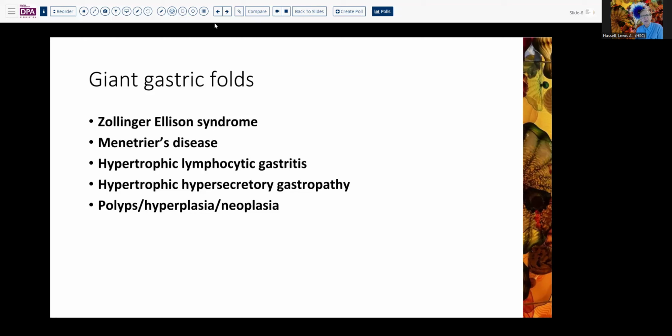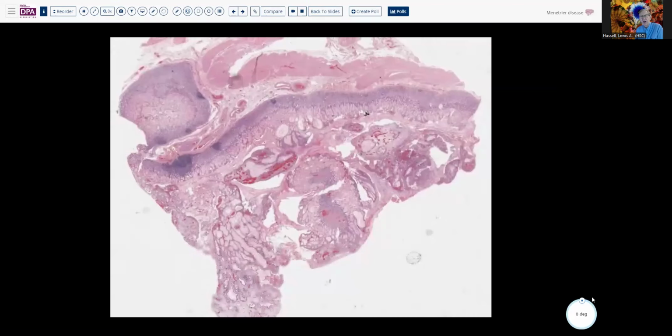So that is, I think, a useful differential to remember that these three primarily would fall into the category hypersecretory gastropathy, quite unusual, but also would fit into that category on occasion. Actually, none of these three entities or four entities are particularly common, but can be seen on rare occasions.